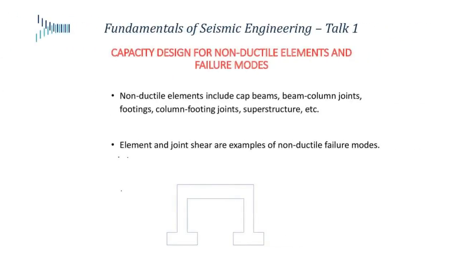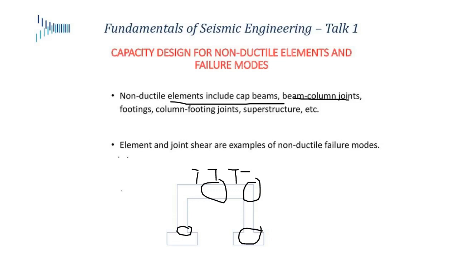Okay, so let's move forward. I think I've described this. You don't want your non-ductile elements, which are the cap beams, the beam-column joints, the footings, the column-footing joints, and your superstructure sitting on top to form any kind of hinges.